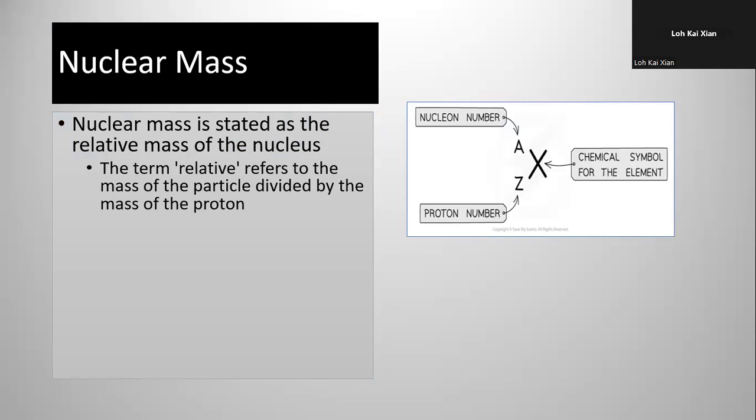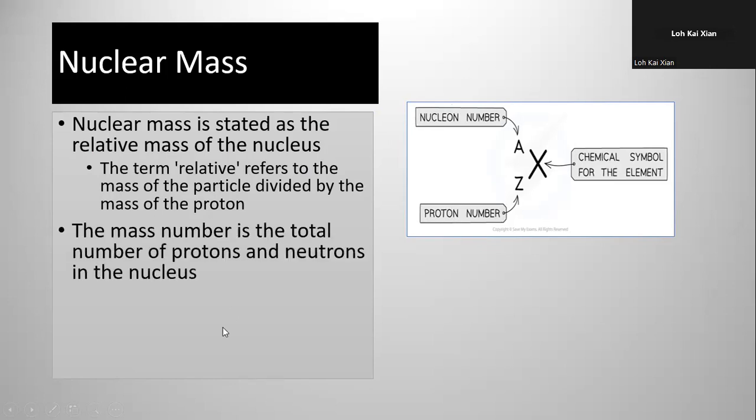Rather than multiply it out, we just want an approximate mass. So the nucleon number is roughly the nuclear mass. The term relative refers to the mass of the particle divided by the mass of a proton. So basically, relative mass is just that. Later on, we will give you relative charge.